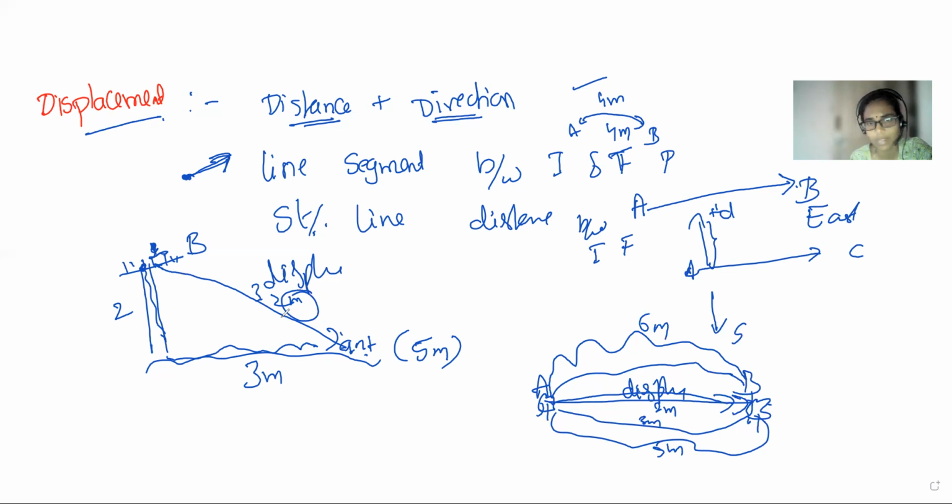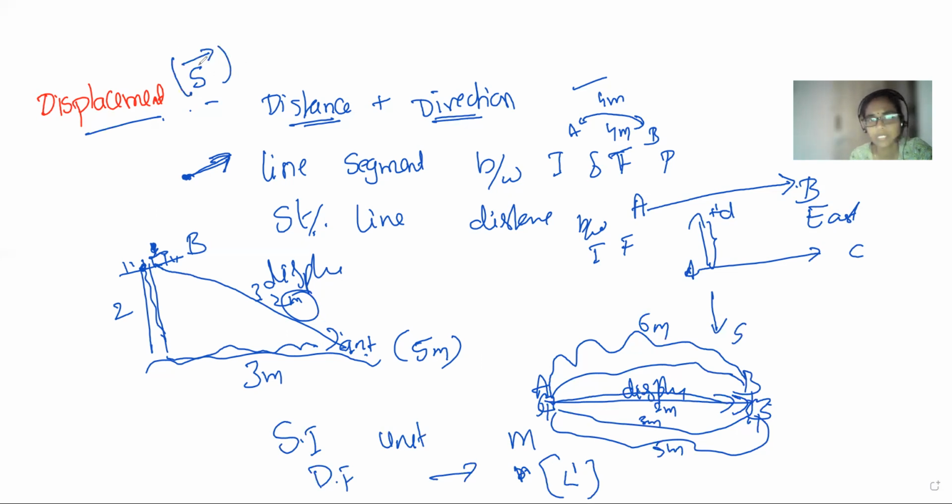The SI unit is meter only, and the dimensional formula is the same as distance, that is L1. And see, children, for displacement we use the symbol S bar. For distance we use S, and for displacement we use S bar.